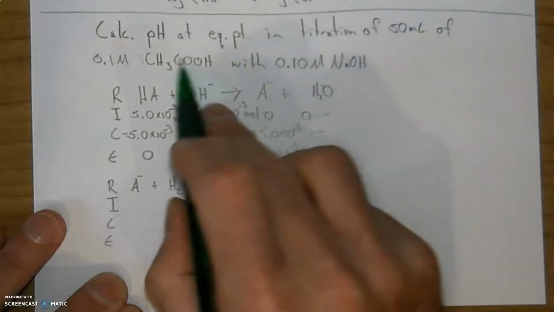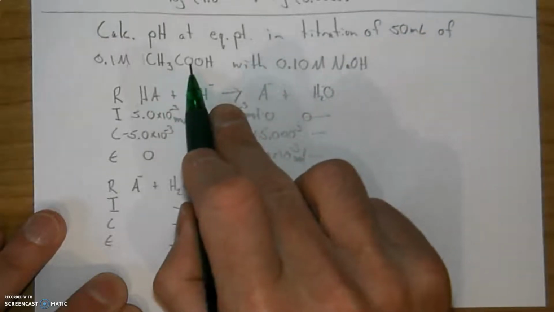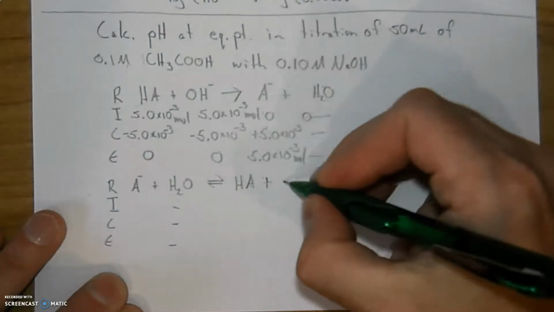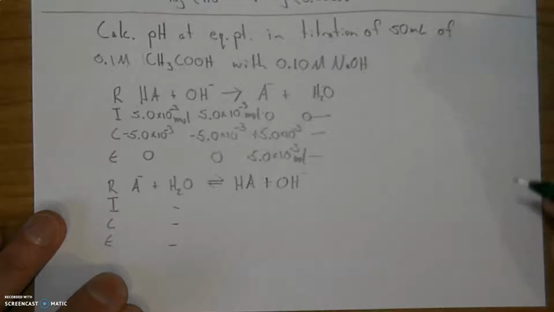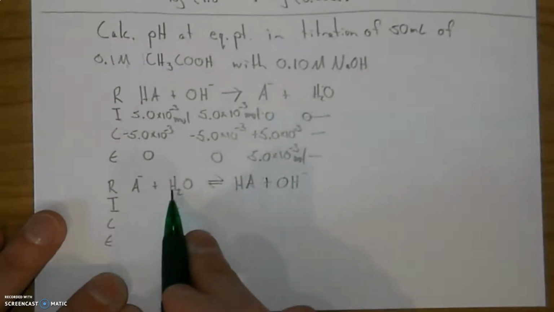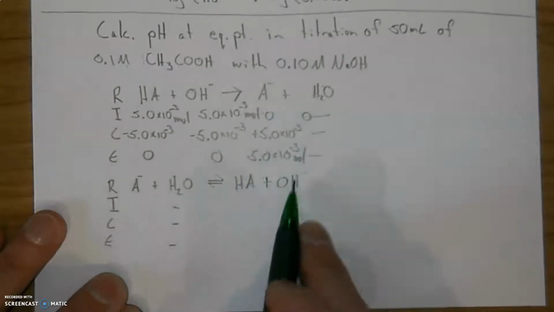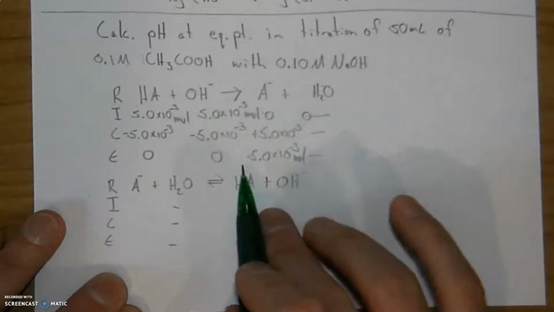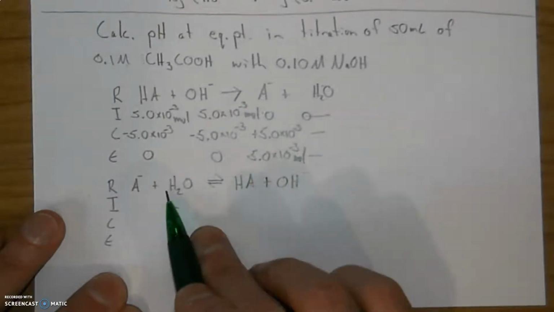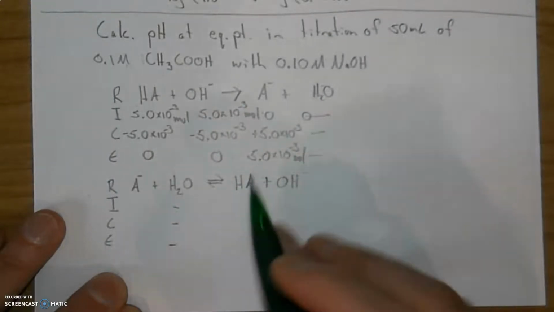Don't forget, we're talking about acetic acid and sodium acetate. And now here is the OH that comes into play, because this is going to take a hydrogen from water and give you this. I'm not doing any mixing of things, this is just sitting here with water and it's going to react with water and take a hydrogen.